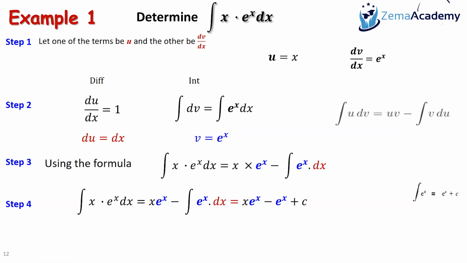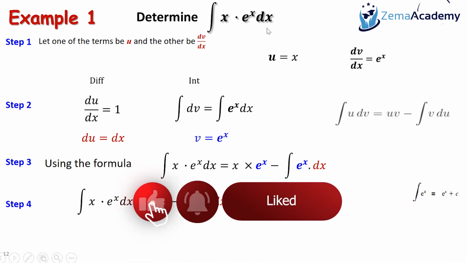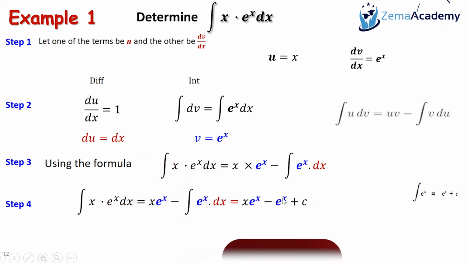If you correctly choose u and dv, your dv will be very simplified in the end, and all it will require you to do is look at the integral table and find the answer. Just like in this case, integral e to the power x dx was e to the power x plus c. So the answer of this integral is x e to the power x minus e to the power x plus c.